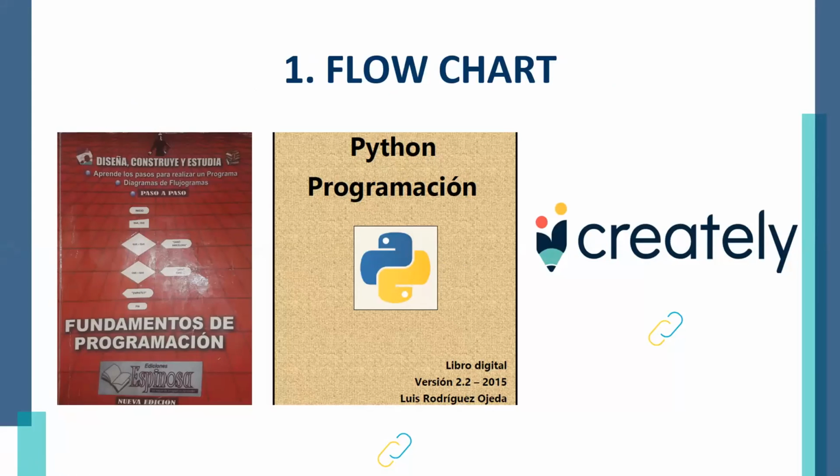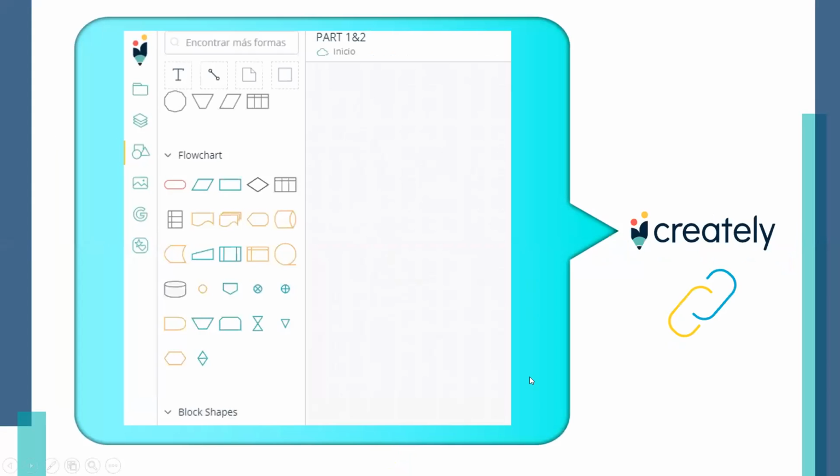It is mentioned that a flowchart is basically a diagram that describes a process, a logical order to develop a task. Next, please. There are different online platforms that allow you to create a flow chart in a simple way. This is an example. As you remember, each shape represents something different, so it's not the same for each shape.